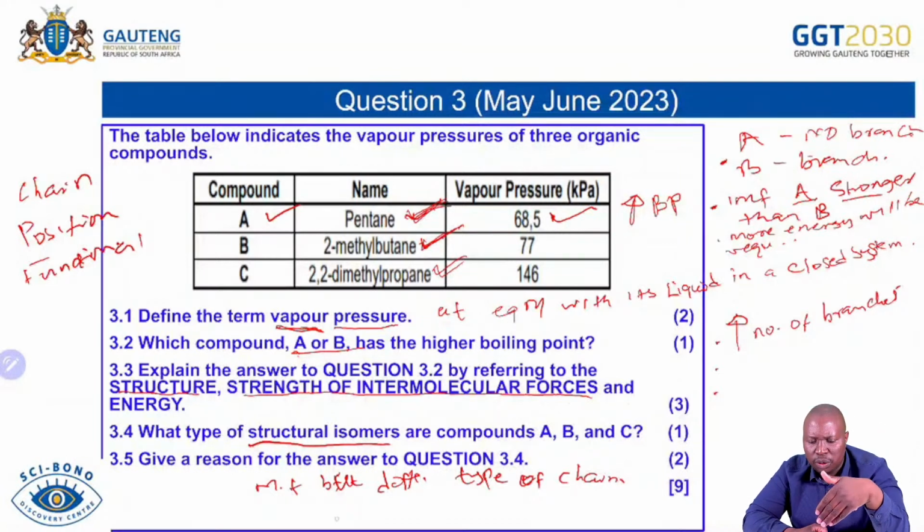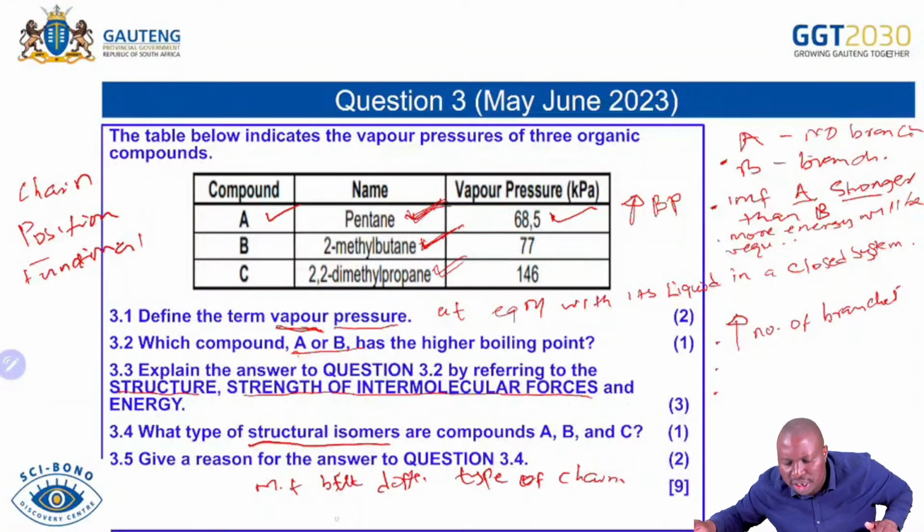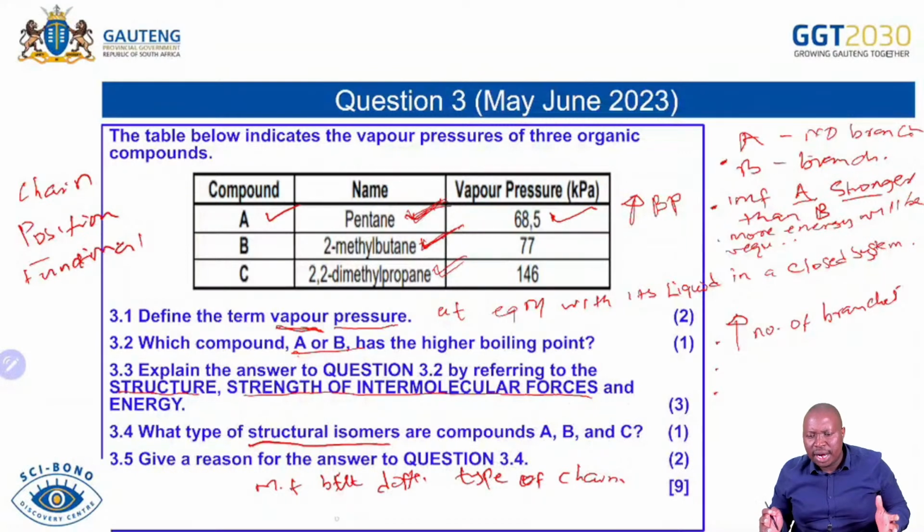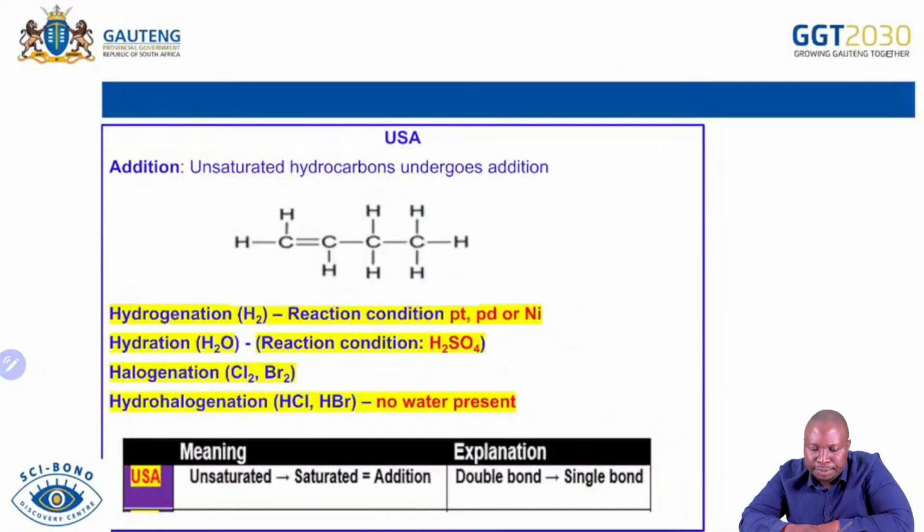Like in this case, we're saying, why do you say A, B, and C are chain isomers? So you just define it to say they have the same molecular formula, but different type of chain. And then you got your 2 marks, you have your 9 marks. This was the paper that was written in June. I hope this helps you as you prepare now for your final paper.